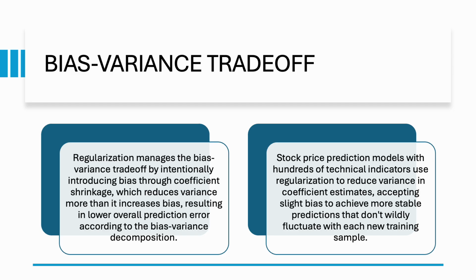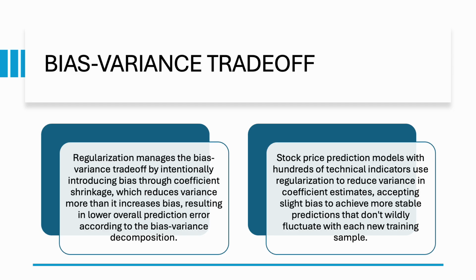Regularization inverts this. By constraining the model, we introduce bias. We can no longer fit certain true relationships, but we dramatically reduce variance by limiting how much estimates can fluctuate.